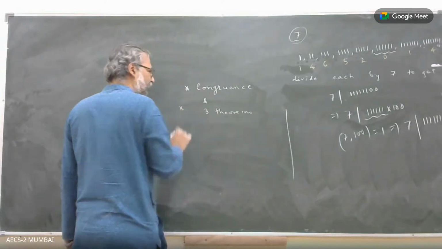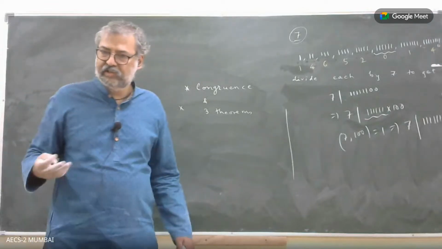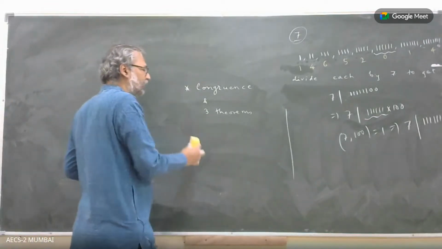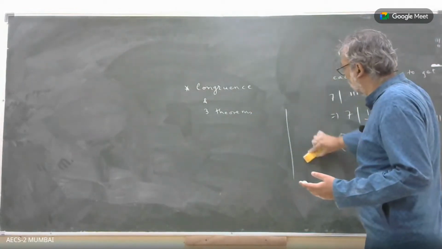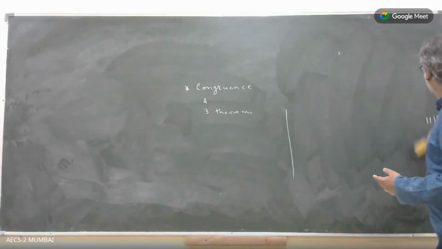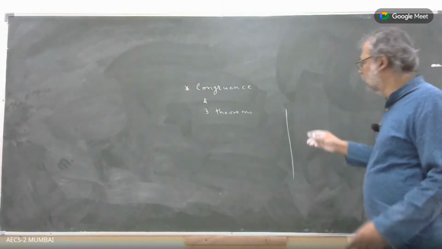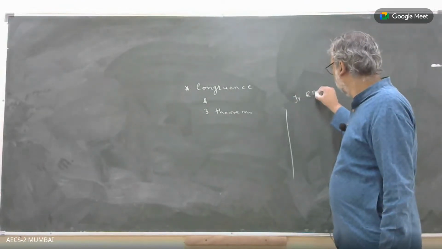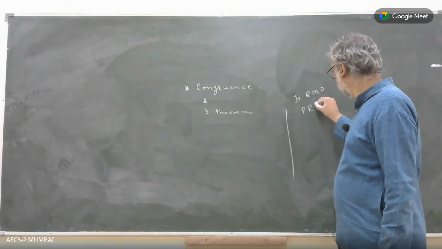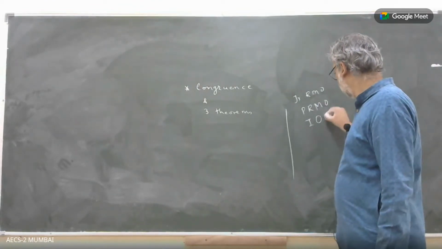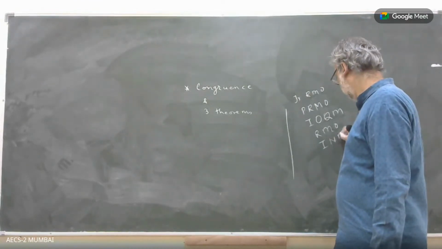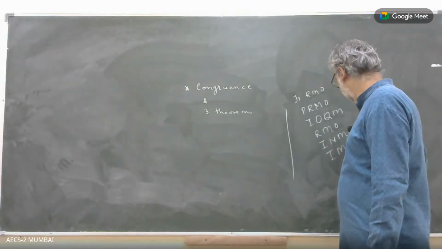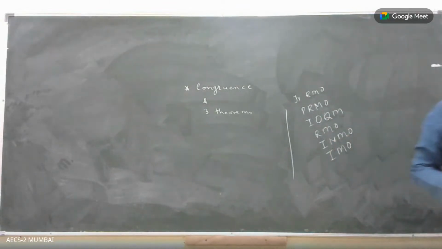Except that I've said many interesting things from number theory, as well as different techniques from number theory. And moreover, what's more important is we have solved every type of problem: RMO, PRMO, IOQM, RMO, INMO, and IMO. So we have done every type of problem. Fine. Let's stop here. Thank you.